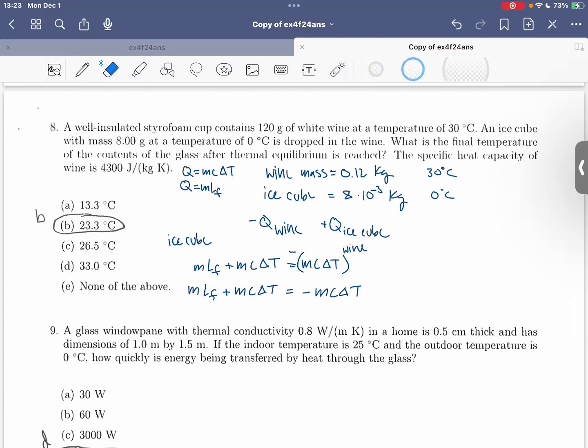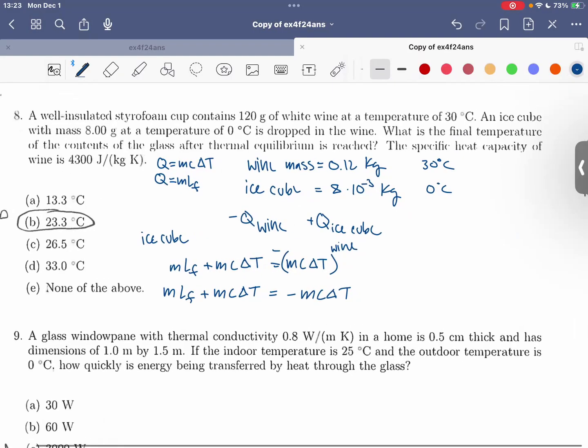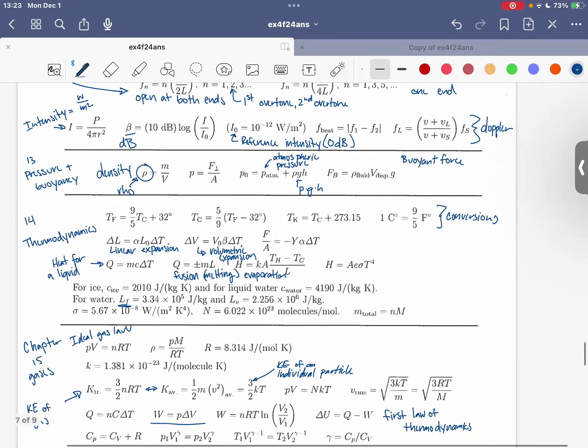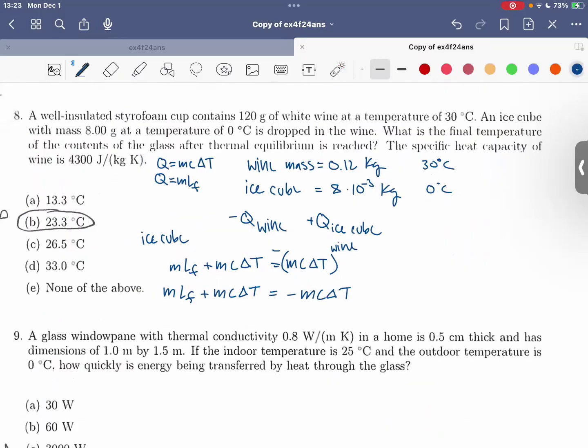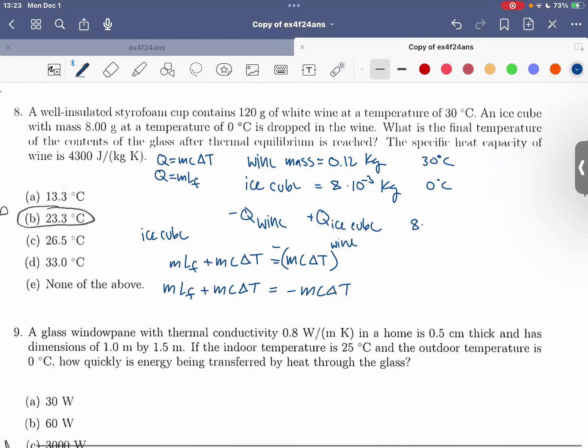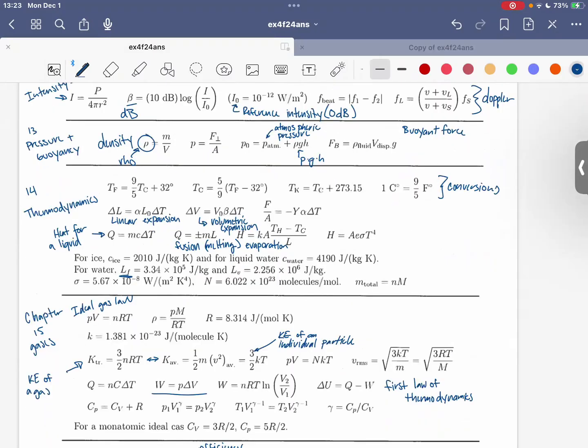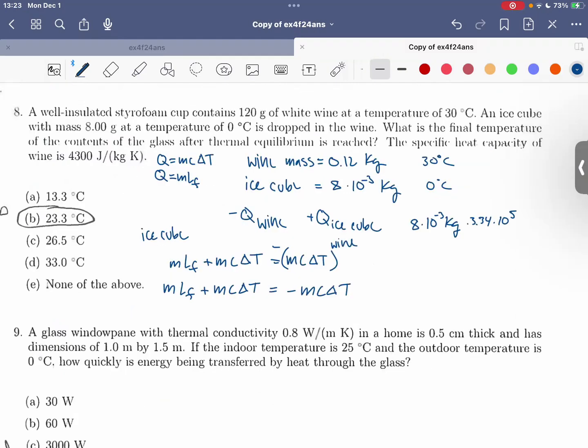So kind of running out of space, but for the ice cube, if we look at our LF value, it's right here, 3.34 times 10 to the 5th. So we have 8 times 10 to the negative 3 kg times 3.34 times 10 to the 5th. I think it's joules per kg. Yep, joules per kg.